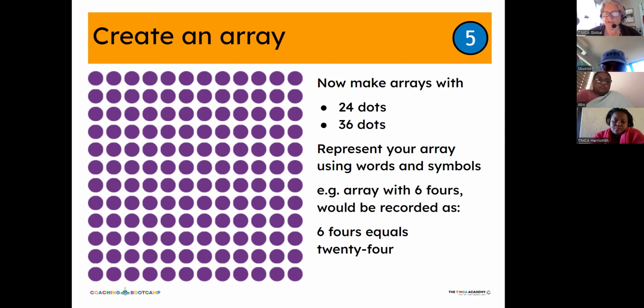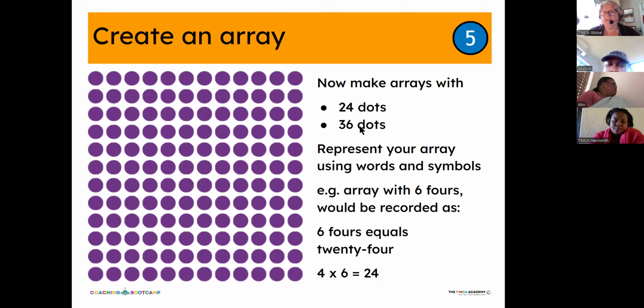So that would be words. And then the symbols would be 4 times 6 or 6 times 4, depending on which way you've done it. So that's the symbols and your words. Now we're pushing it to say, okay, this is the representation. We're now making it more abstract by making it into words and into the number symbols. So again, we're pushing just a little bit.